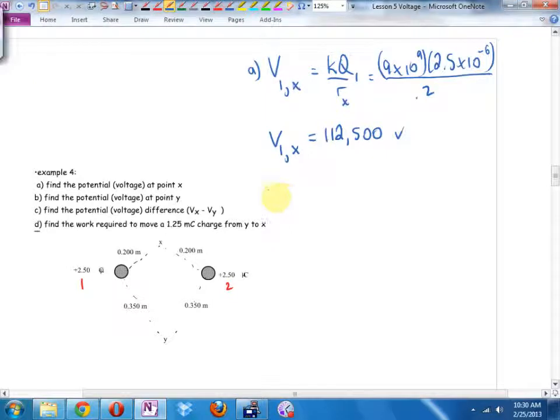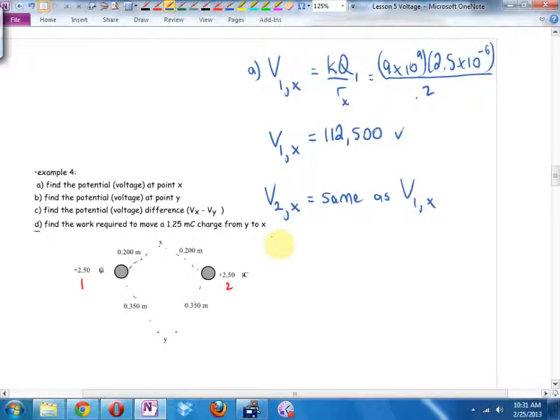So what would the voltage of charge 2 at location X be if the magnitude of the charge is the same and the distance is the same? That's nice, I did that on purpose just to cut down on the number of calculations. If you see this in your workbook or homework, they often give you identical charges, because if they were different, you'd have to crunch the numbers. Let's just save you some time.